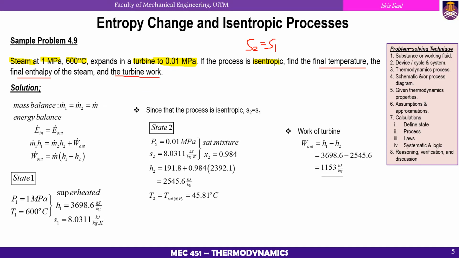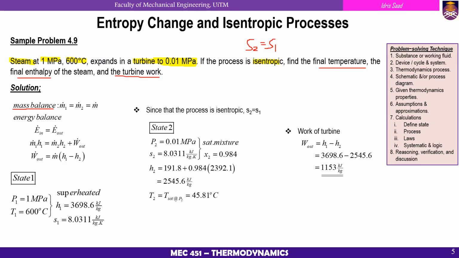Based on this, we know that this is what we call a turbine. A turbine is under the category of engineering flow devices, which is an open system. When it's an open system, in our case, the volume doesn't change, so what we have to do is the mass balance.